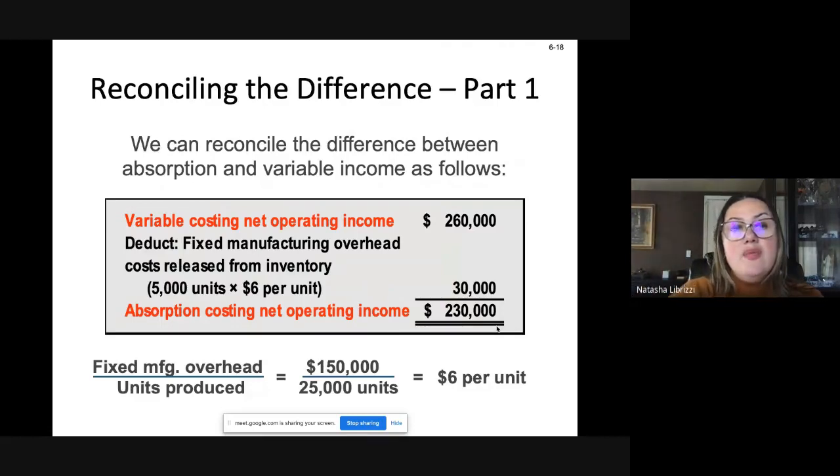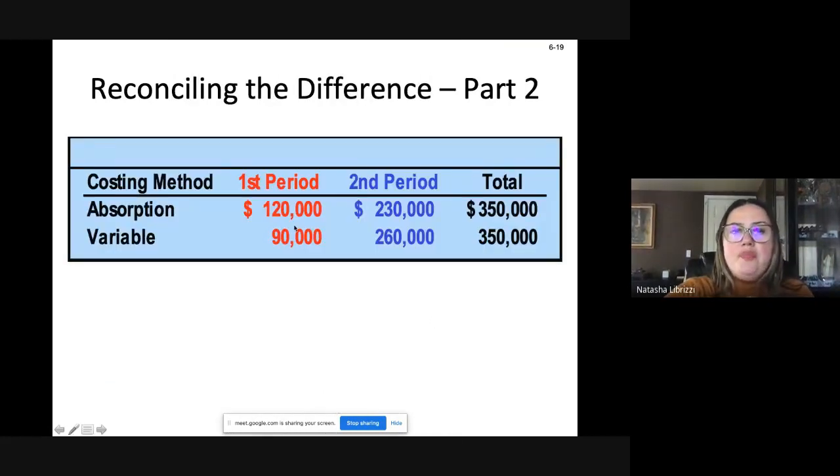So now we can look at our reconciliation and see that 30,000 from variable costing net operating income, plus 30,000 from last year, equals my absorption costing. So what we did is we observed that cost, and between the 2 years it comes down to 0. The first period absorption costing income was 120,000, the second 230,000, overall 350,000. For variable costing, the second period was 260,000.